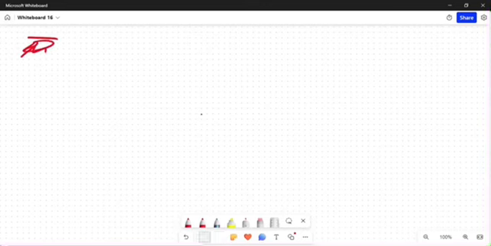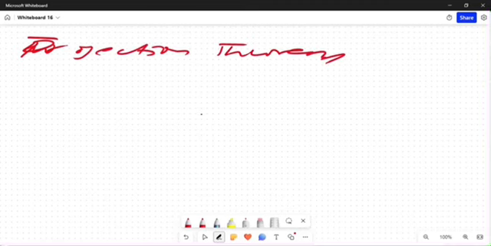Let's go to the projection theorem. Now, in an inner product space, there are some theories or questions that are very important.